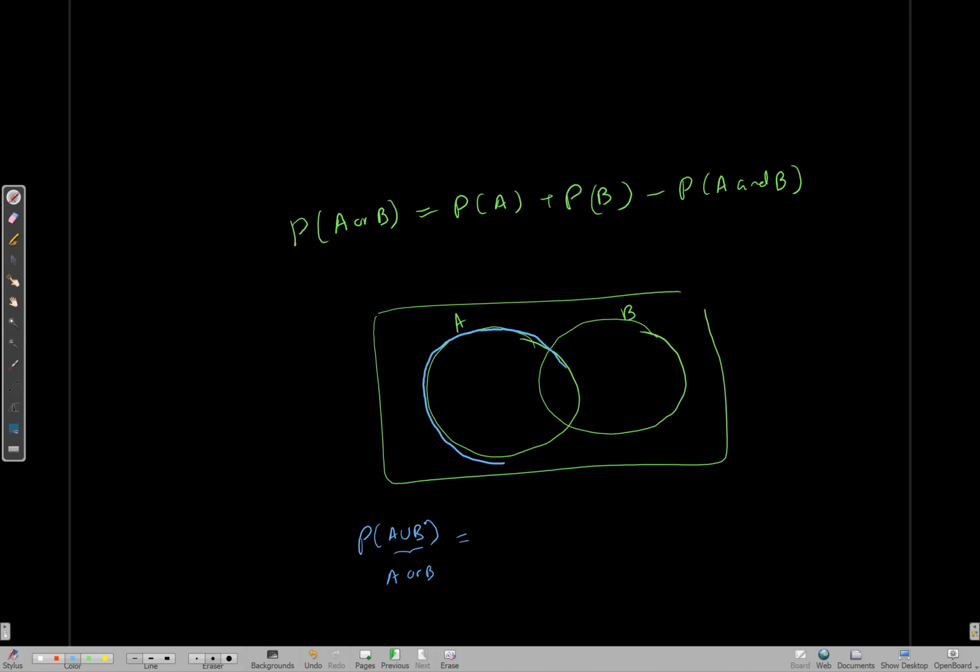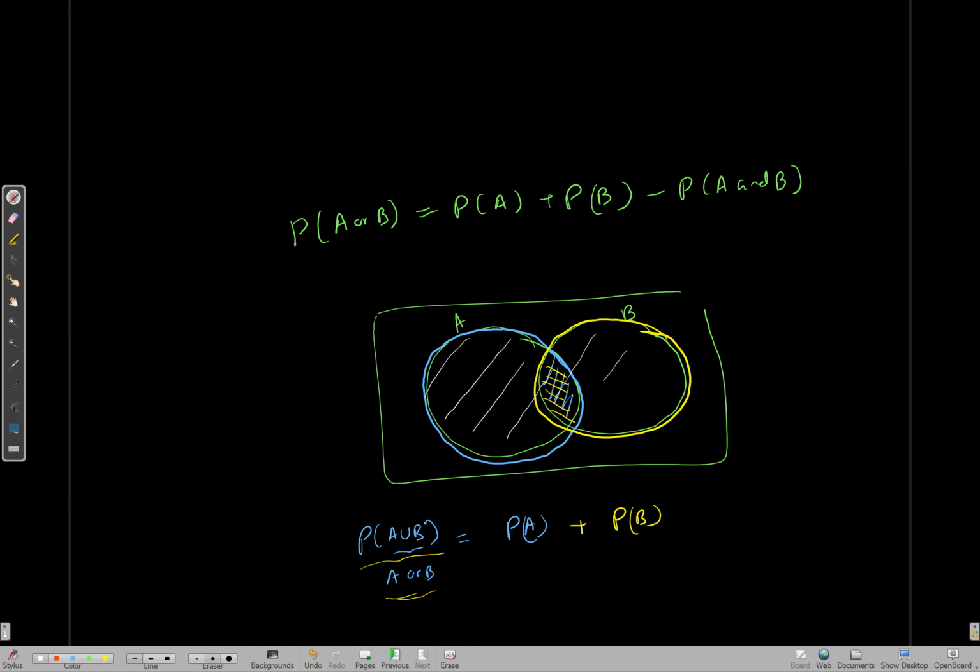If I calculate the probability of A, I'm already calculating the A and B part once. And if I calculate the probability of B, I'm calculating that part again. So I have calculated that twice. Now P(A union B), or A or B, means this part, everything together.